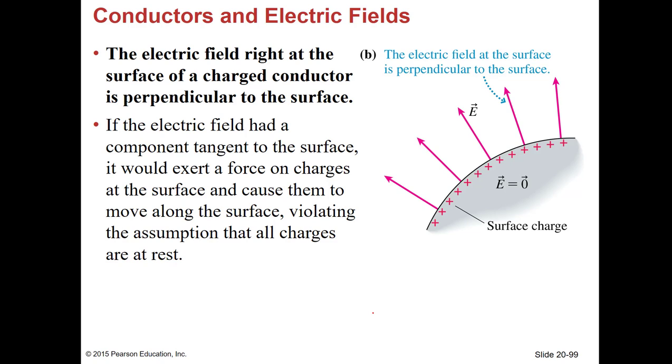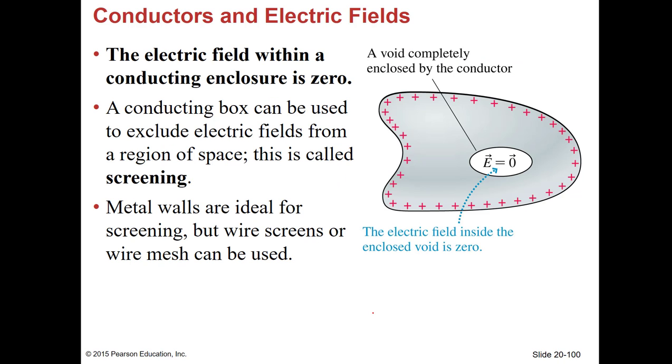Okay, so the electric field right at the surface of a charged conductor is perpendicular for the reason I just explained. Now, if you have an enclosure inside here, like a hollow spot, the electric field is still zero here. So a conducting box, as I said, can be used to exclude electric fields, something called screening. So metal walls are ideal for screening.